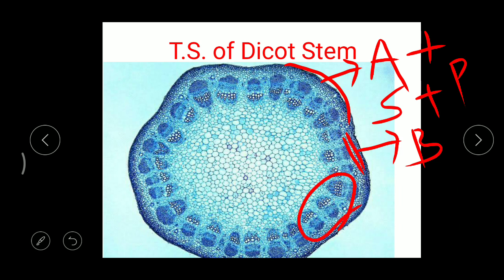And then the next one, below this we can find some round structures. Can you see? Yeah, these cells come under group C. And what is the use of these cells? They are mainly useful to carry two things, the food and the water, from one place to another place in the plant body.